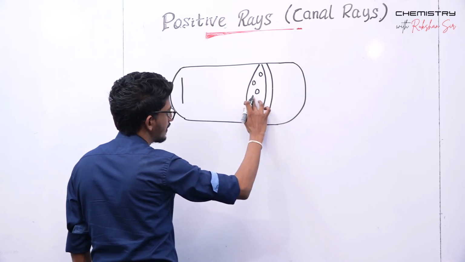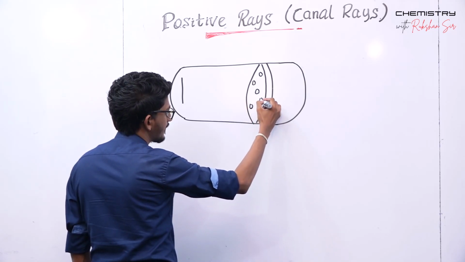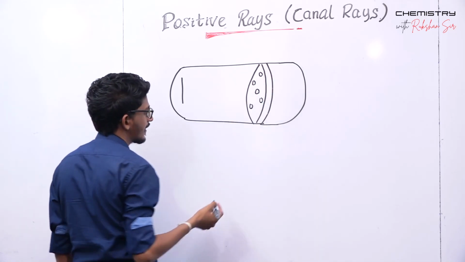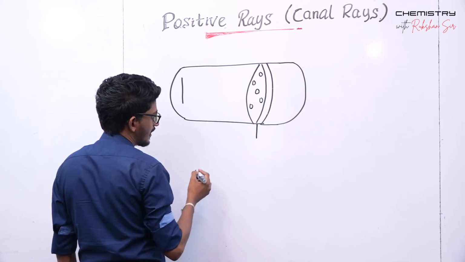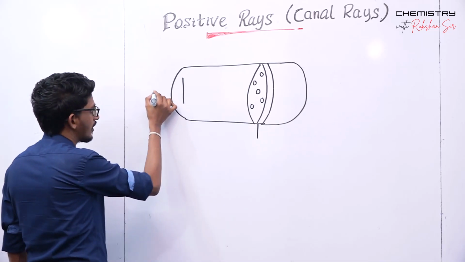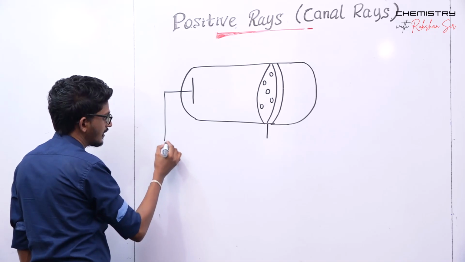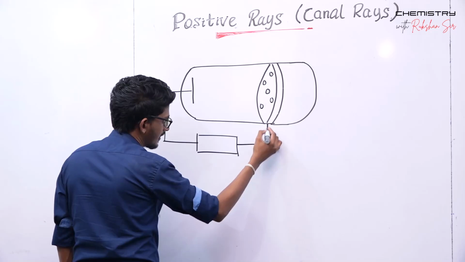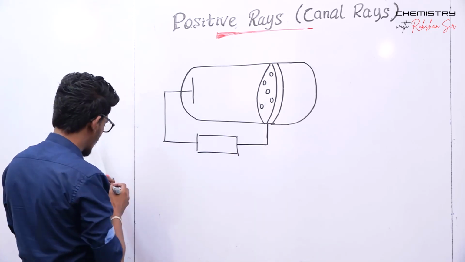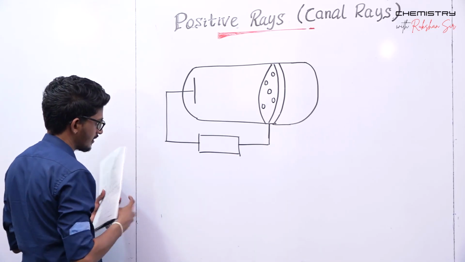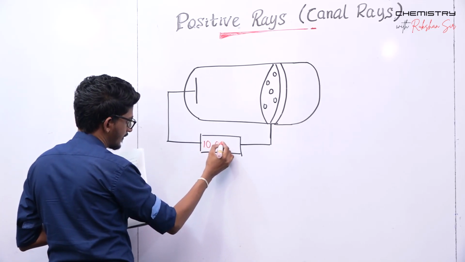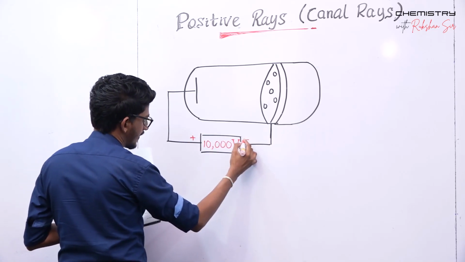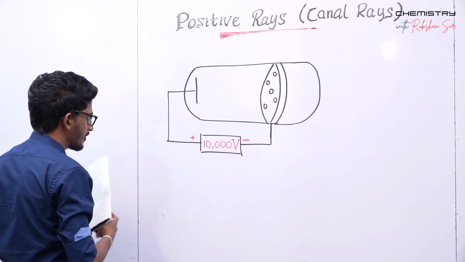This is the cathode ray tube constructed by Eugen Goldstein. This was his cathode, and there was an anode too. He connected these two terminals to a high voltage, like 10,000 volts, let's say.